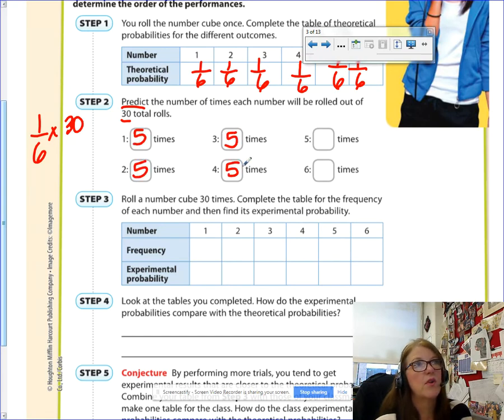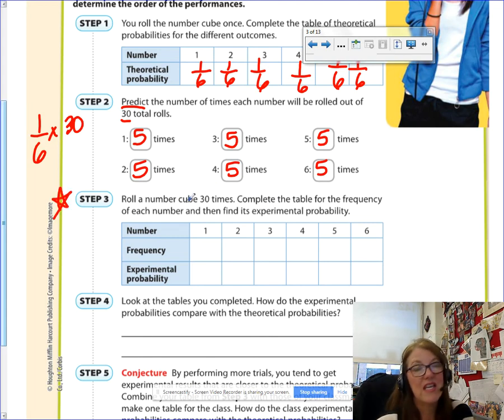Which means if I roll it 30 times, in theory, each one occurs 5 times exactly. Now, is that really going to happen? Probably not.